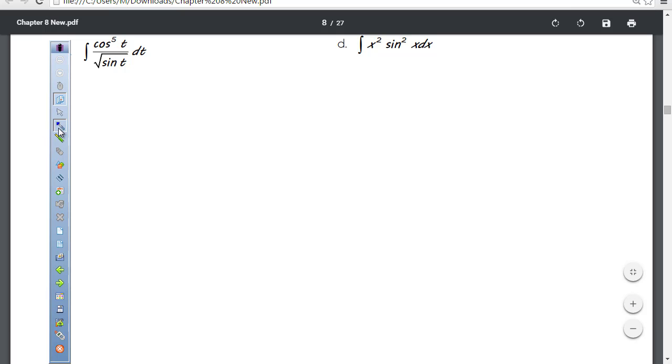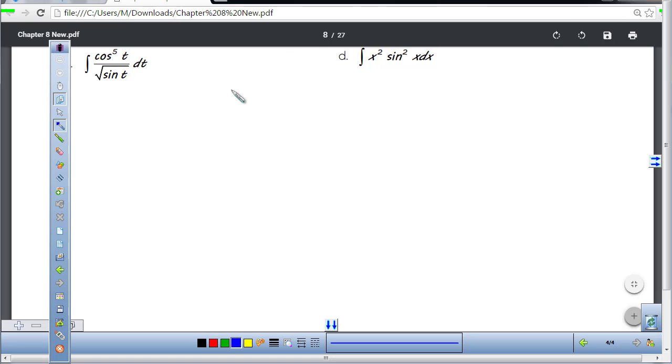Then dv is going to be sine squared x dx. Du is going to be 2x dx.